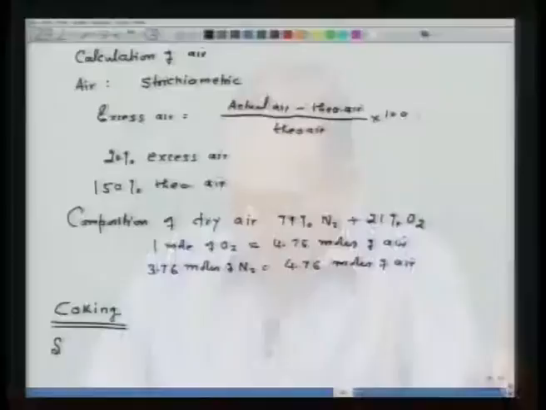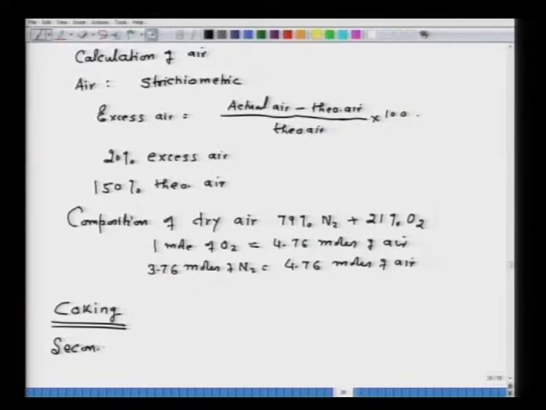Remember, another term that I have used is secondary fuel, and this secondary fuel is prepared by the gasification process. That is, here the coal is converted to a gaseous fuel by using steam, air plus steam.